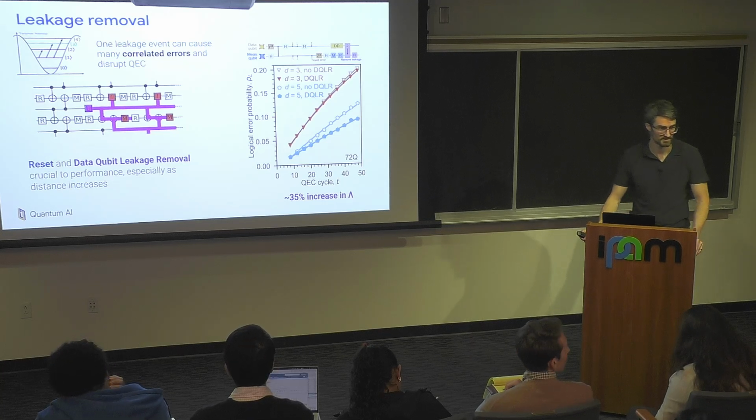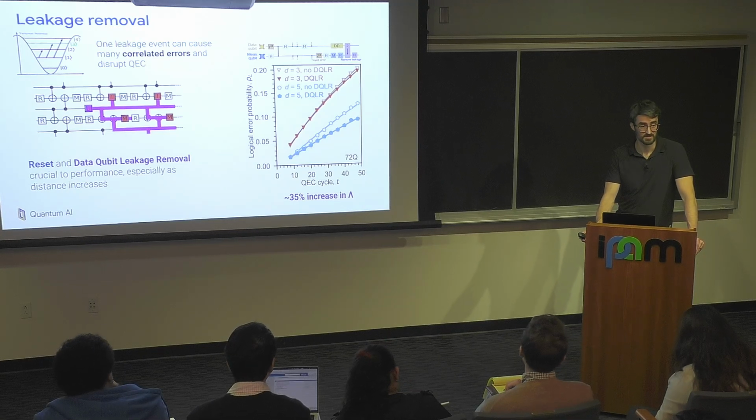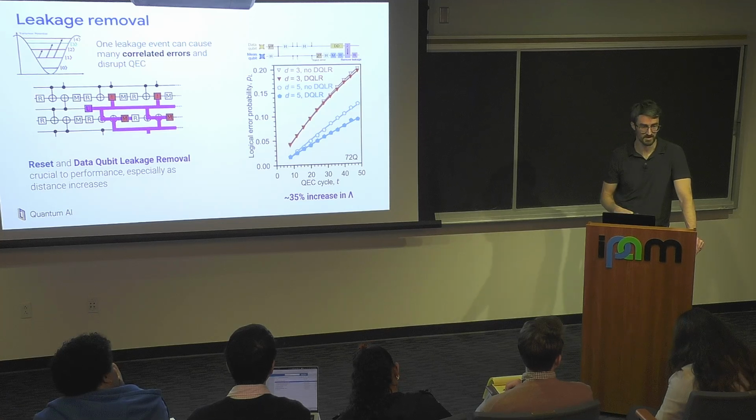Does the leakage population always saturate to some value, even if there's no reset done? And also, what determines the value of that saturation? It's a competition of rates. There's going to be up and down transitions. Up meaning a qubit goes up to a leak state because it's excited, and down meaning there's some process by which a leak state decays.